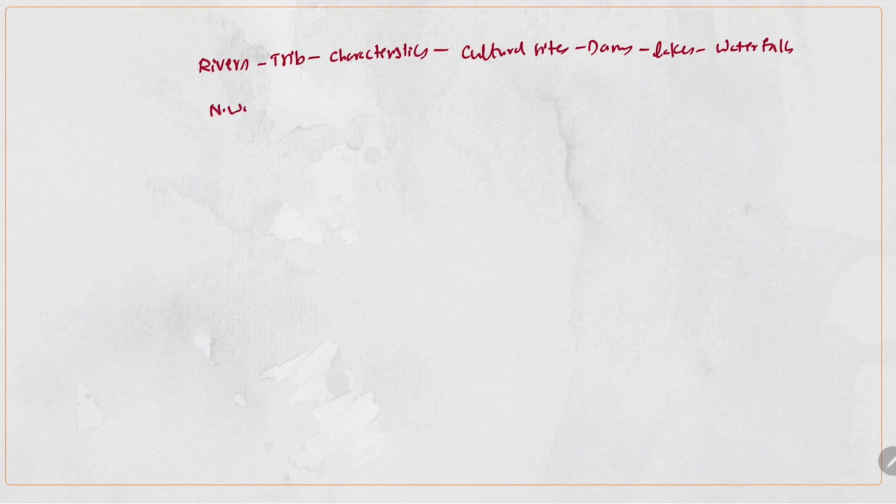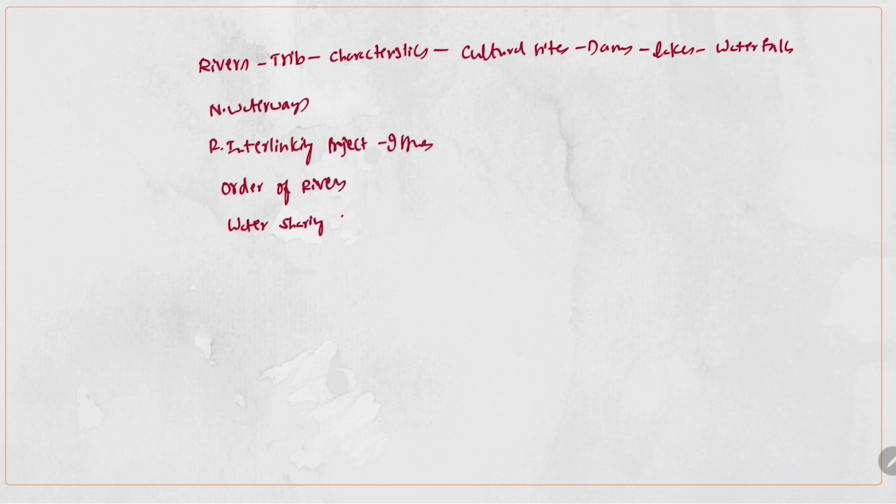Here we have seen rivers, their tributaries, what are their geographical characteristics, what are the cultural sites along the banks of that river, what are the important dams, what are the important lakes fed by that river, what are the important waterfalls, national waterways, river interlinking projects and the issues because of them, order of the rivers from north to south or south to north, water sharing disputes between different states, delta versus estuary and which rivers form delta and which rivers form estuary.